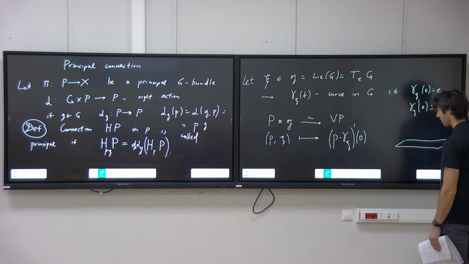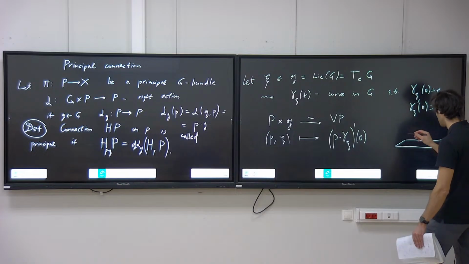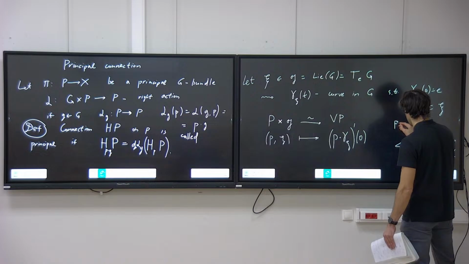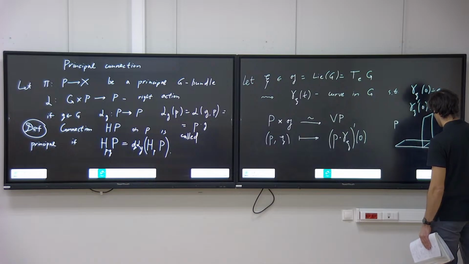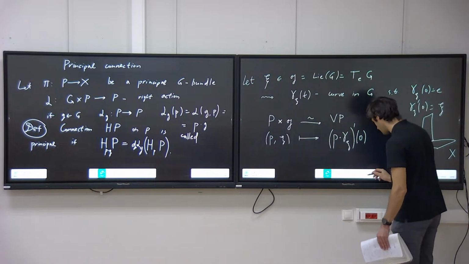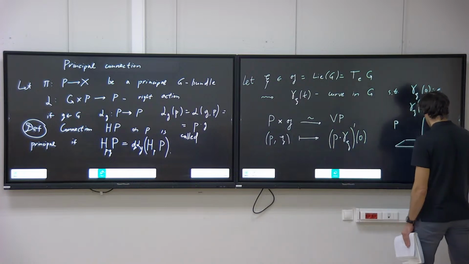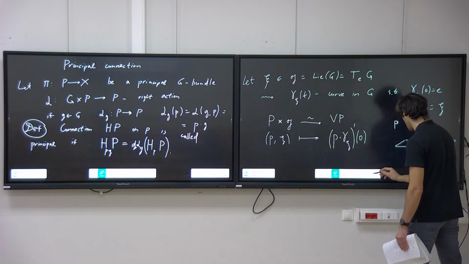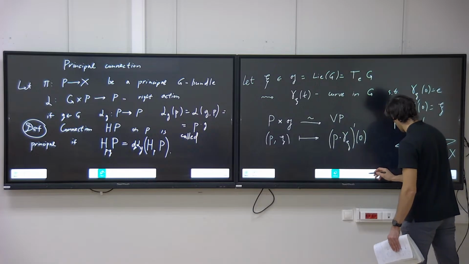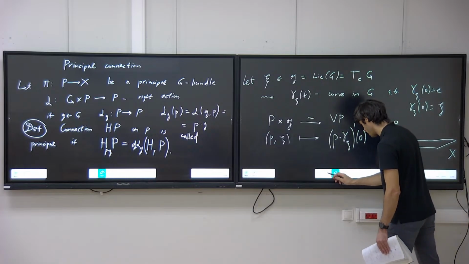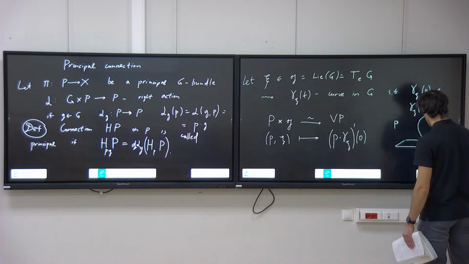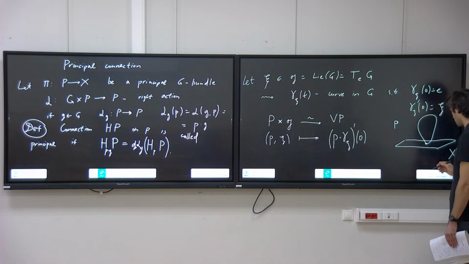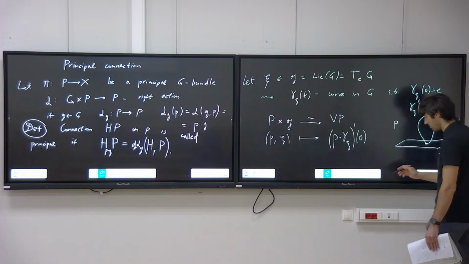And then I have fibers of p, right? Which are the same as G. Well, it should not be drawn like this. It should start at some one point. So maybe like this, at the top of this point, right? Or maybe, okay, maybe just a line.